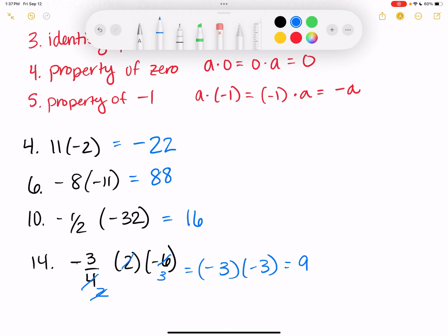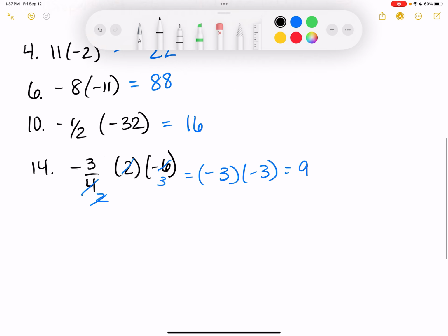This one, 18. Negative 3/4 times negative 1/3 times negative 8/9. Any ideas? So hold on. Is it only a -3?